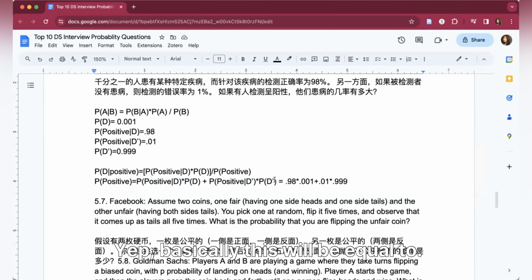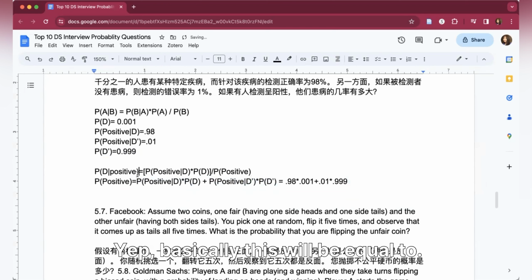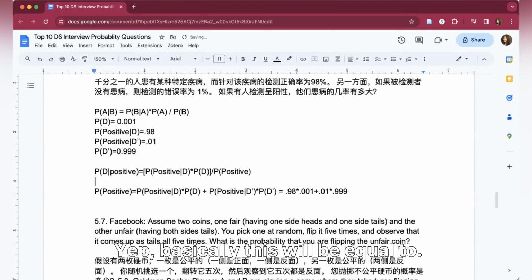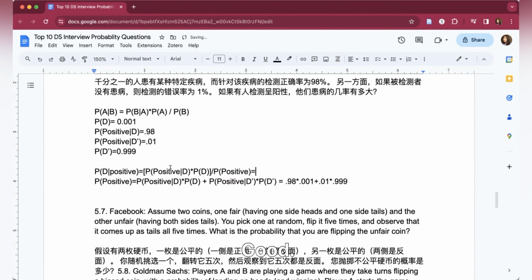Basically this will be equal to P(positive | D).